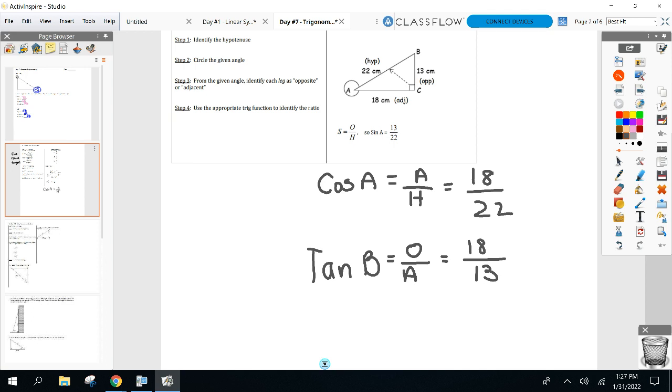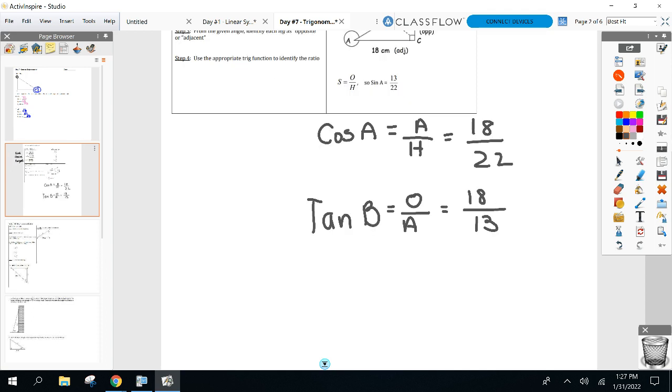One more? Do the sine ratio for angle B now. What's the sine ratio for angle B? So you look at SOHCAHTOA, opposite over hypotenuse.